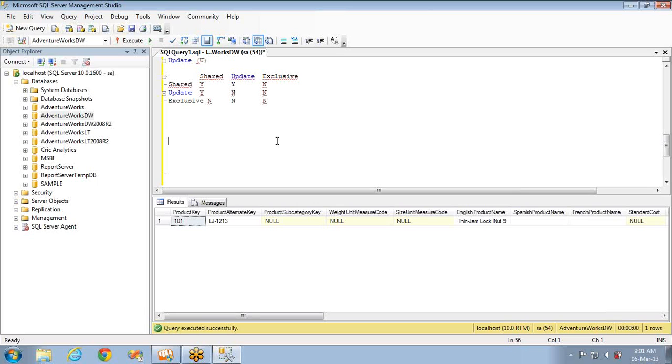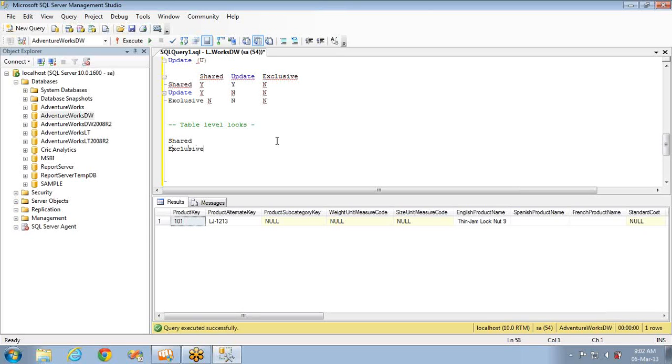Now we have discussed the different lock levels at row or page level. Now let's see the table level locks. We can set different types of locks at table level. First, let me list out those locks. The first one is shared, and the second one is exclusive.